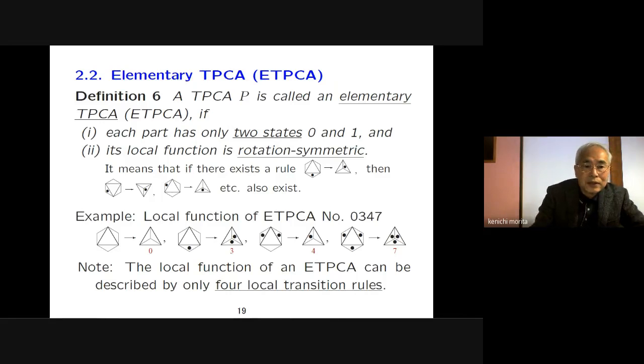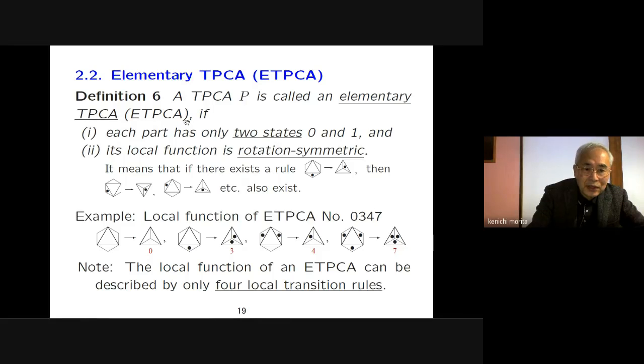Next, I define elementary TPCA, ETPCA in short. It is a simple subclass of TPCA, triangular partitioned cellular automata.